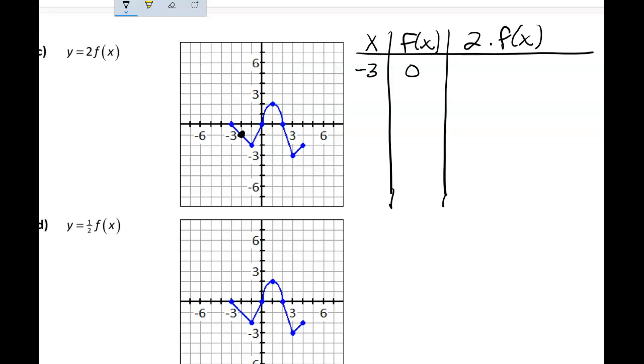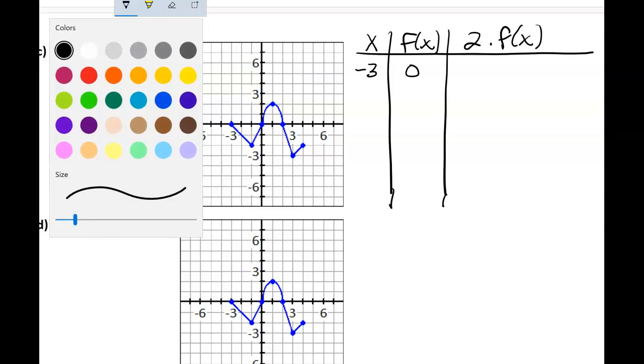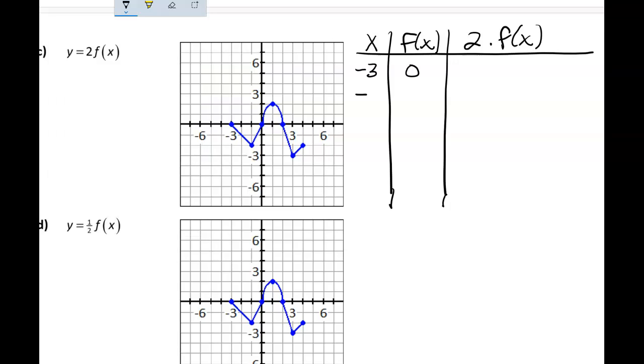There's not really a dot there, and that's not because there's not a point there. The reason there's not a dot there is just because the graph doesn't really turn there. So the graph doesn't do anything interesting. We don't really probably need to graph that point. So let's skip to -1, -2, 0, 0, 1, 2, 2, 0, 3, -3, and 4, -2.